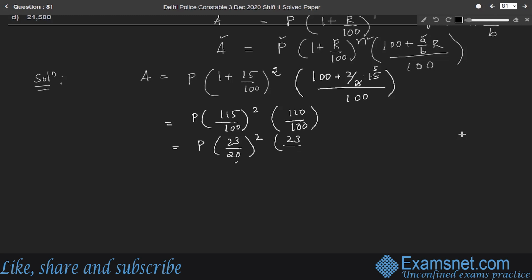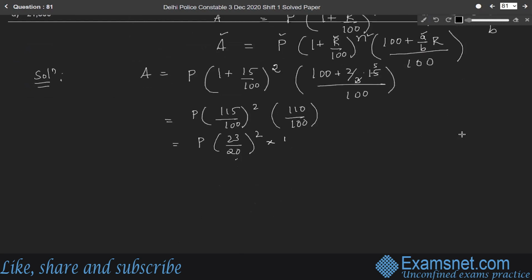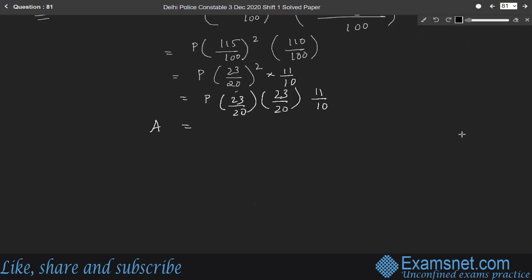In other words, we can write 11 by 10. So P into 23 by 20 into 23 by 20 into 11 by 10. Simplifying again, 23 squared is 529 and 20 squared is 400, so P into 529 by 400 into 11 by 10. This is the value of amount.